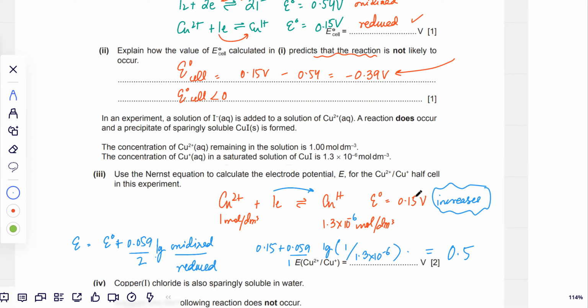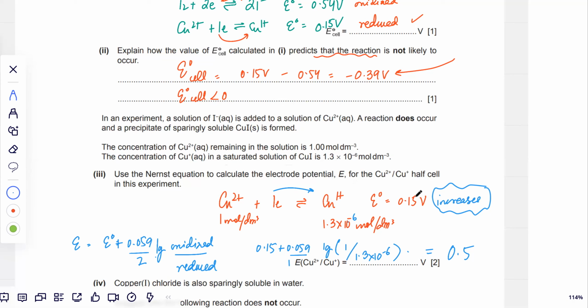Now the other one is, he's saying that copper 1 chloride is also sparingly soluble in water, and suggests why the following reaction does not occur. So it's the same reaction except that this time everything is the same.